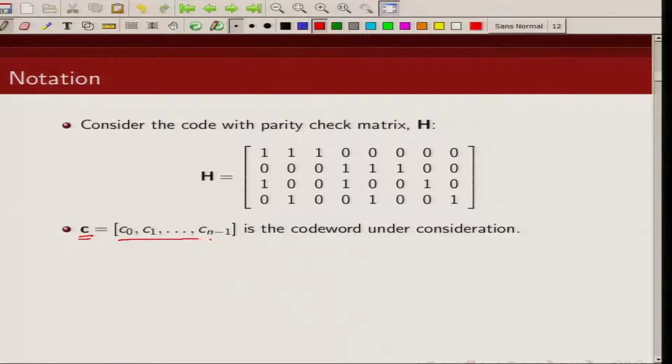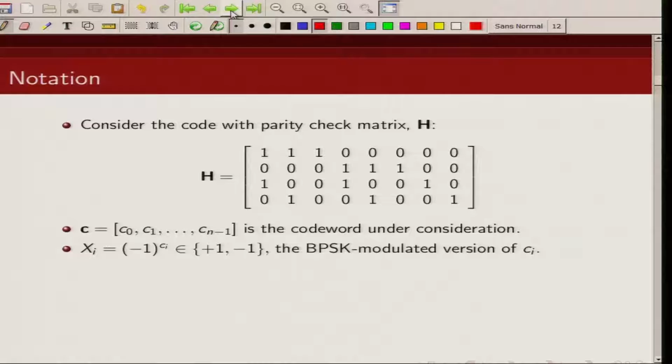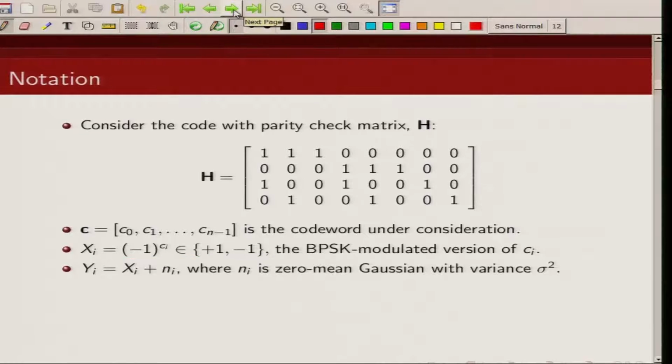This is an n bit code word C0, C1, C2, up to Cn. Now, this code word is modulated using BPSK modulation, so we map 0 to 1 and 1 to -1. That is the BPSK modulated version of the code bits, denoted by x of i.